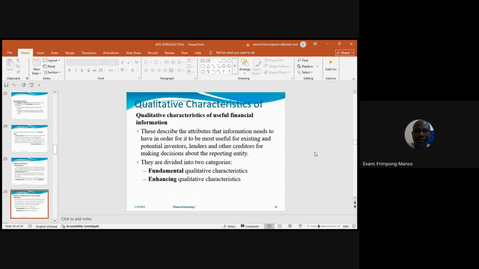These are the two fundamental qualities of accounting information: relevance and faithful representation.